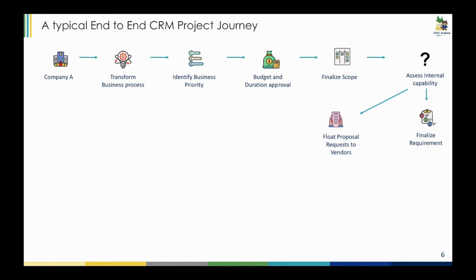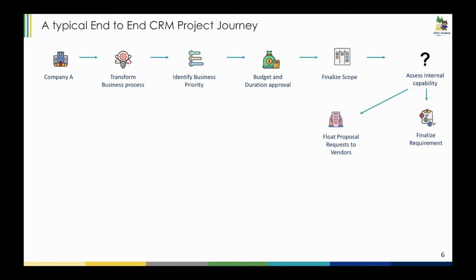Now again, there might be several companies, like manufacturing companies or oil and gas companies, who are not in the IT business. They might not have any IT department within themselves that is capable of achieving all the required business transformation.